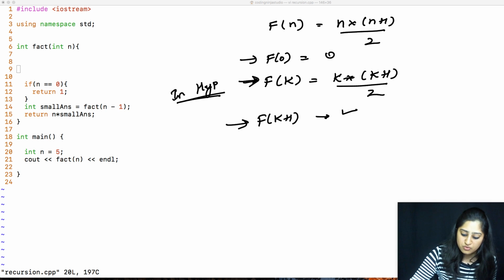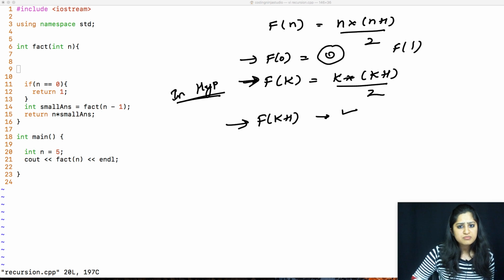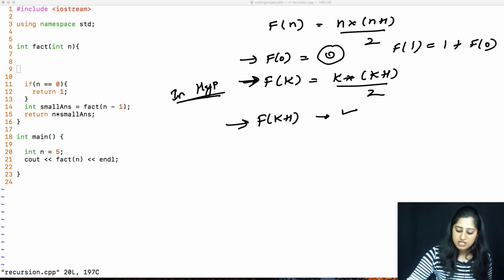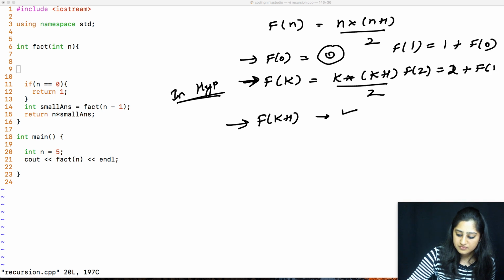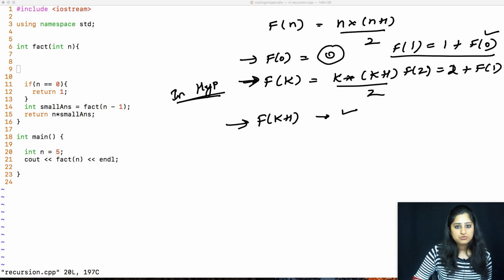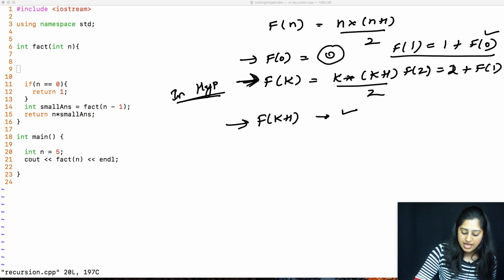So if I know that the sum of first 0 natural numbers is 0, I should be able to calculate the sum of first 1 natural numbers. I just have to write this as 1 plus the sum of first 0 natural numbers. Similarly, if I have to figure out the sum of first 2 natural numbers, I should be able to write it like this. Now when I was calculating f of 1, I know f of 0. So here f of 0 is true, and I have proved it for f of k plus 1.